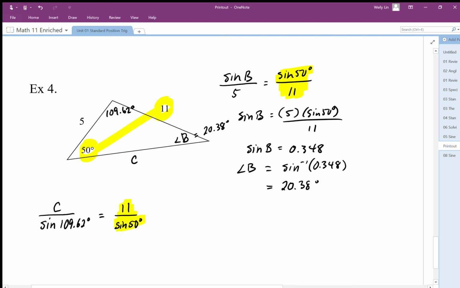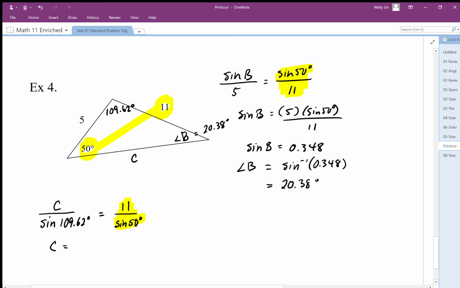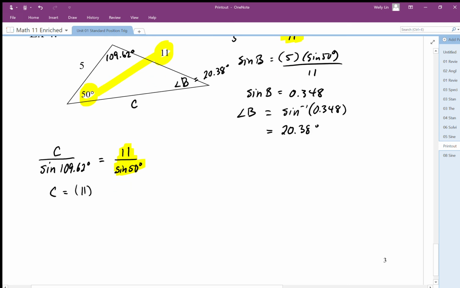So that allows me then to solve for side C. So I end up with 11 times sine of 109.62 degrees divided by sine of 50 allows me to solve for side C. Okay, so I end up with 13.525, so I'm going to round that to 13.53.